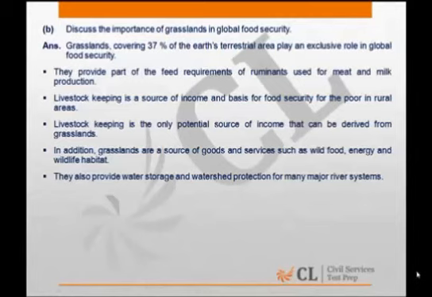So they are a very good source of cheap meat and milk production. Different ranches are there, and thus grasslands are sufficient to feed a huge chunk of livestock, making food security in the form of milk products and meat products.